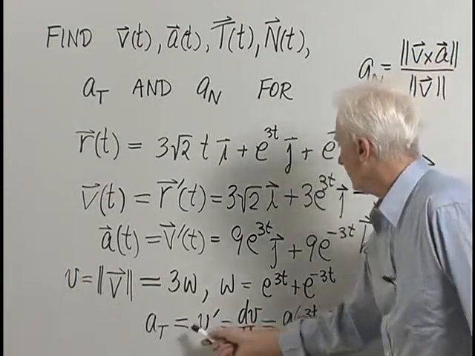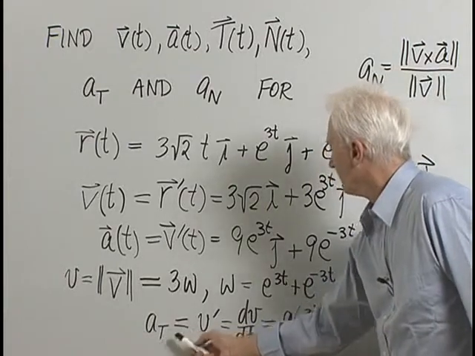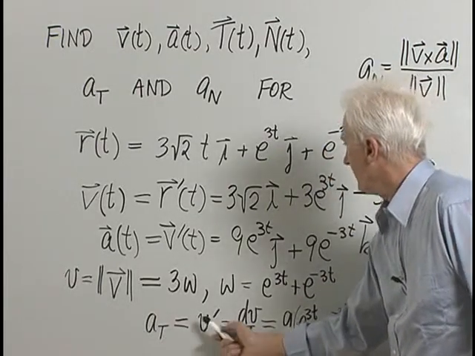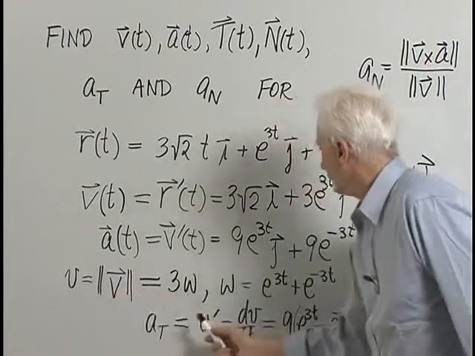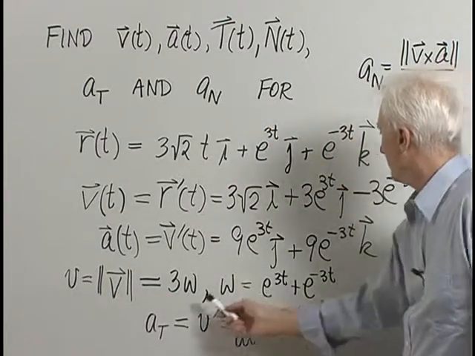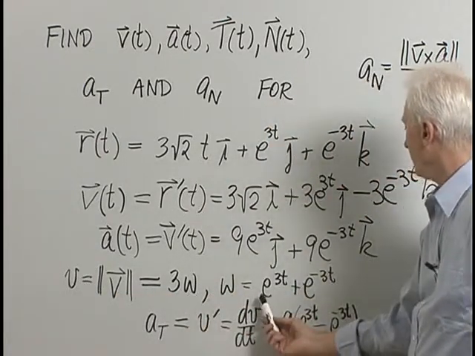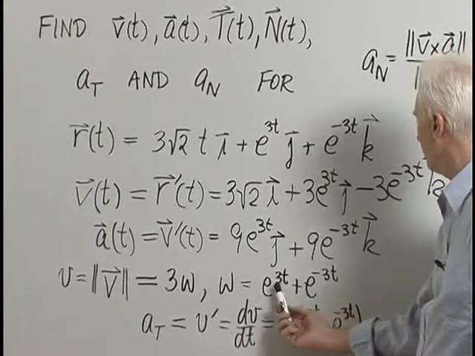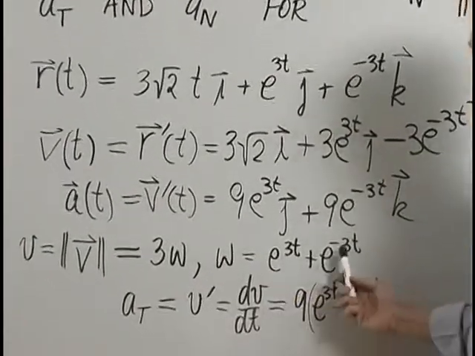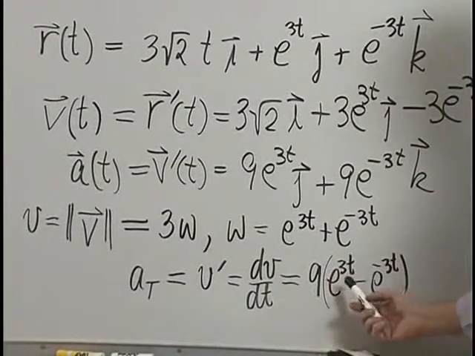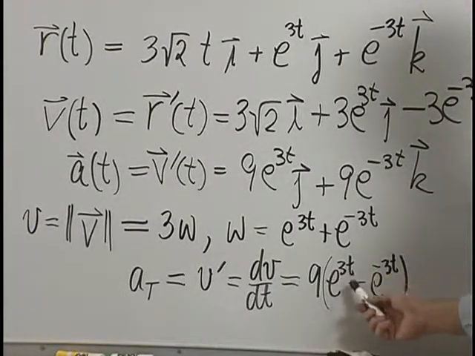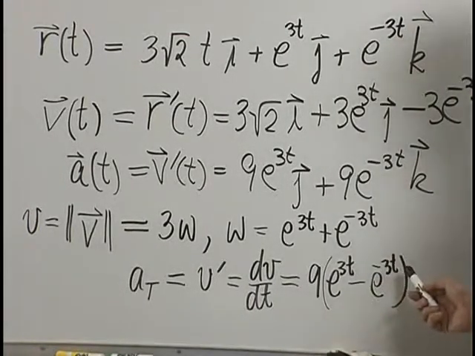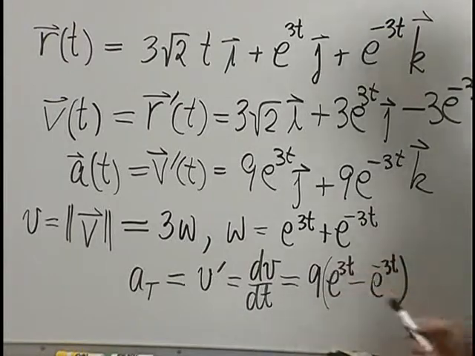And so our tangential component of acceleration, which is the derivative of script v, is easy to find here. I just differentiate 3w, which would be 3 times the derivative of that, and so these 3's pull out a 9, and the negative sign changes the sign here, and so we get 9 times the quantity e^(3t) minus e^(-3t).